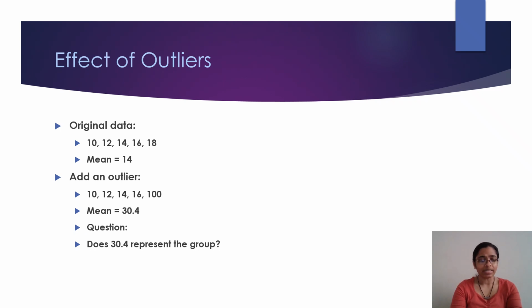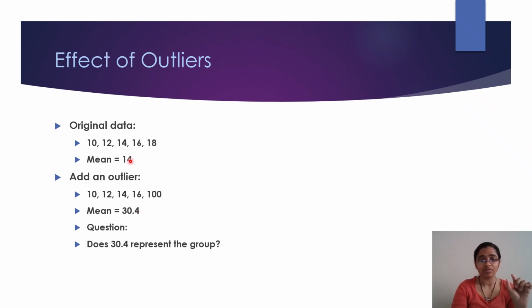So let's understand the effect of outliers. Look at this example: 10, 12, 14, 16, 18, which was our original data, and we got the mean as 14. Now let's add an outlier. Instead of 18, we are adding an outlier, which is 100. A single outlier increases the mean dramatically.